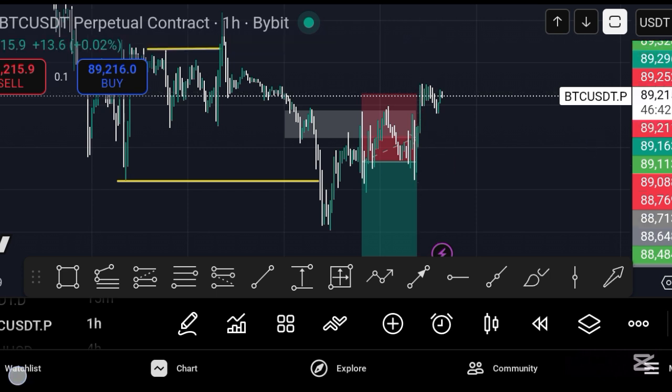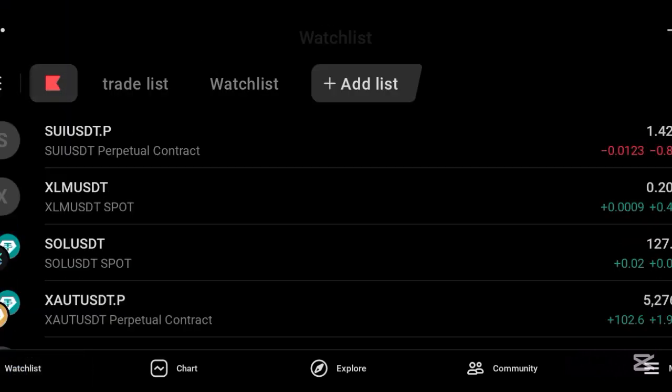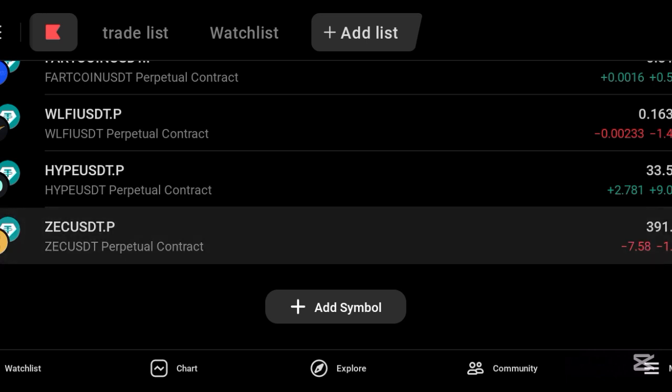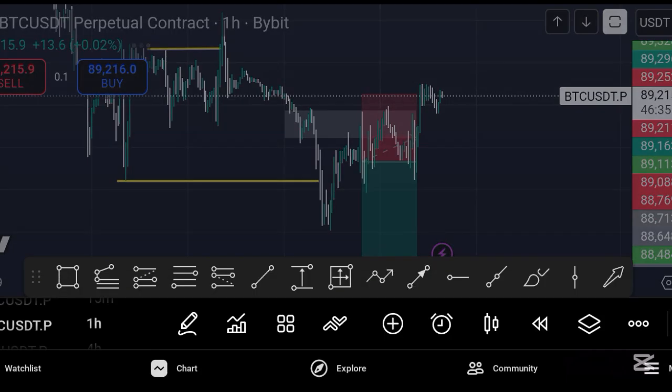And let me show you guys the trade setup we are currently on. We are running a little bit in profit on Zcash USDT. So let me quickly show you this setup.